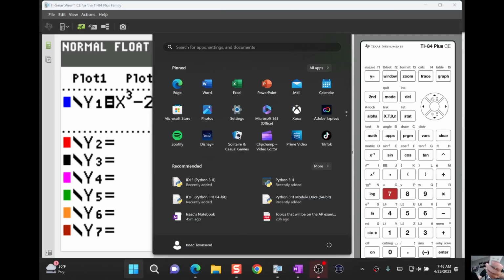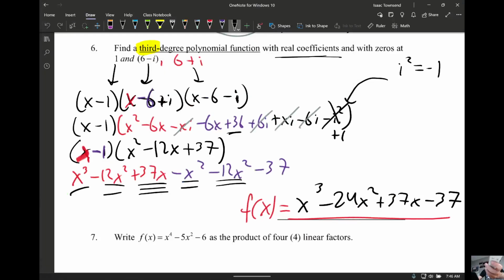Why is it 24x squared? Because when you distribute your -1, what should you... yeah, right here, this should have been minus 12x, right? Yeah, I knew, I could feel that something was off, but I couldn't see what it was.